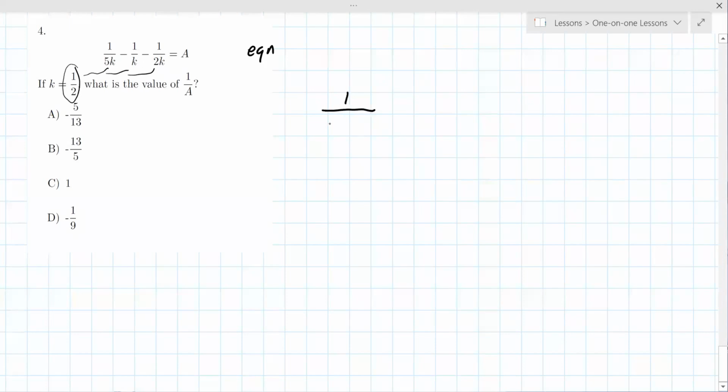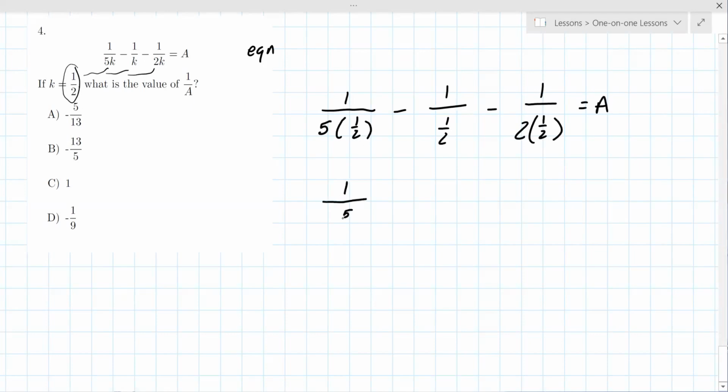So you get 1 over 5 times 1/2 minus 1 over 1/2 minus 1 over 2 times 1/2 equals a. And as I mentioned before, the more you can do this in advance, the better. So for example, this right here becomes 1 over 5/2.